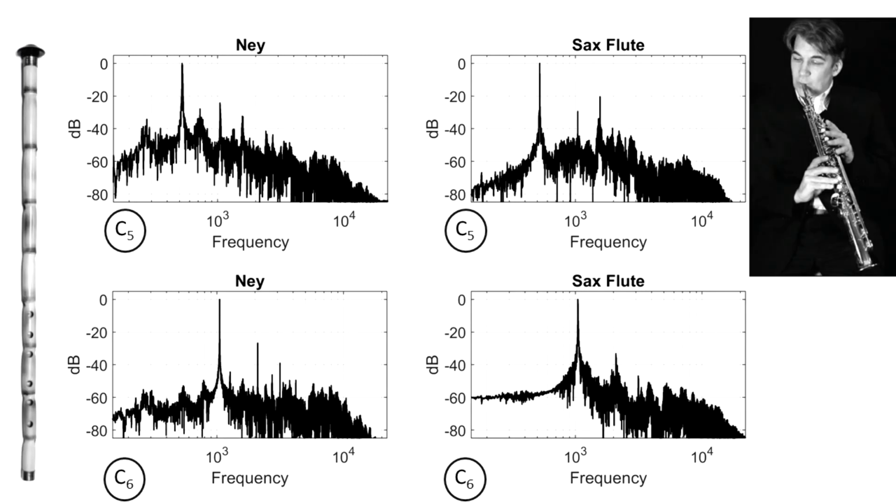So the next graph shows the flute. On the left you see the ney, and on the right you see the saxophone played as a rim flute.